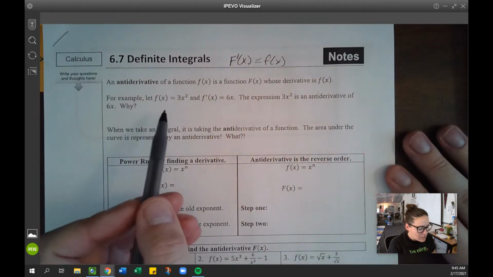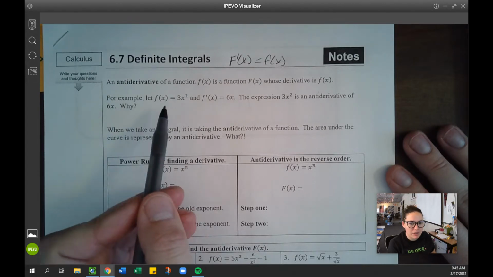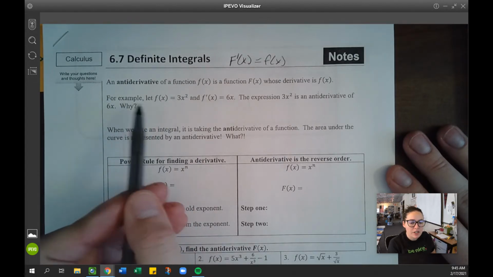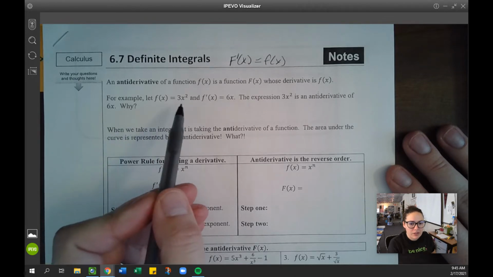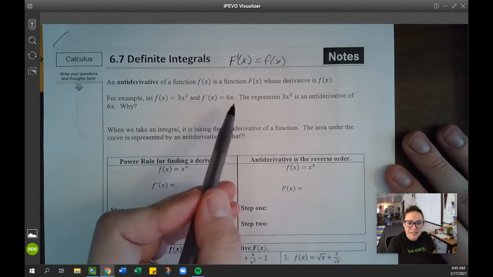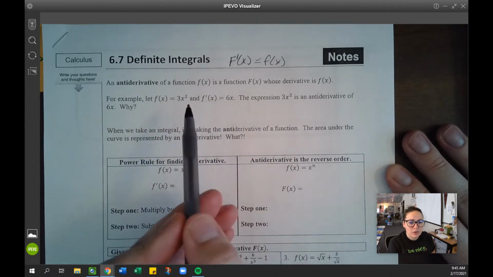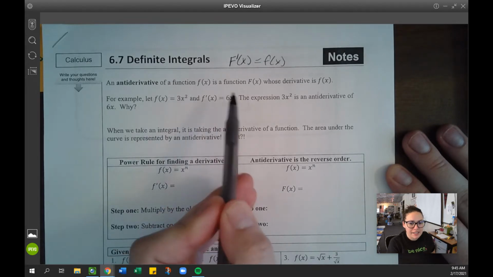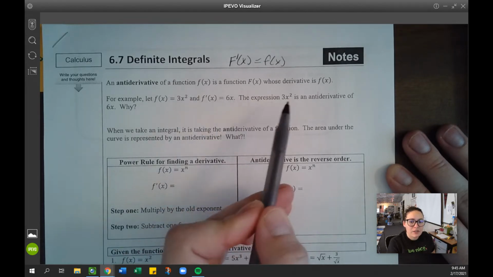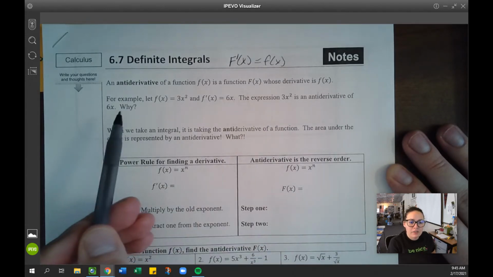So let's talk about the antiderivative. For example, let f of x be 3x squared, and then f prime of x is 6x. So the derivative of 3x squared is 6x, which means that 3x squared is the antiderivative of 6x.